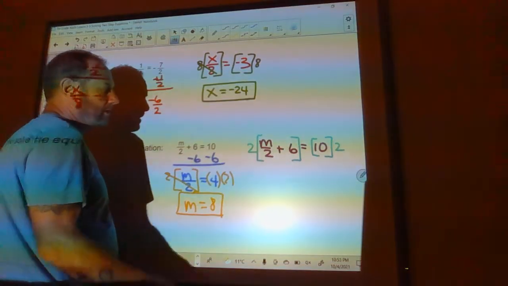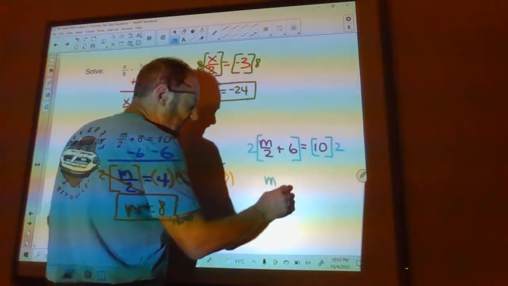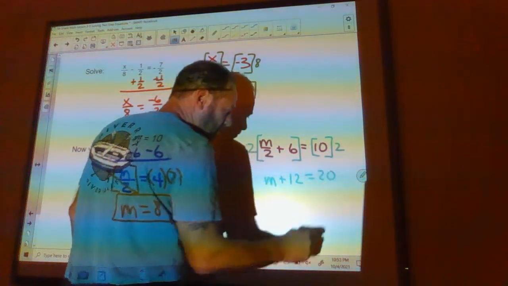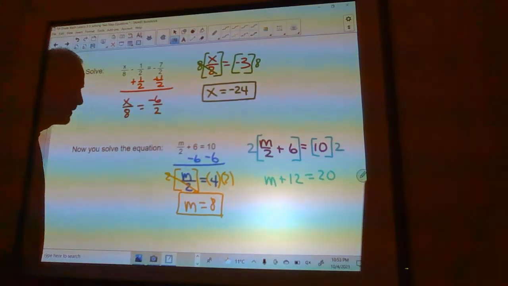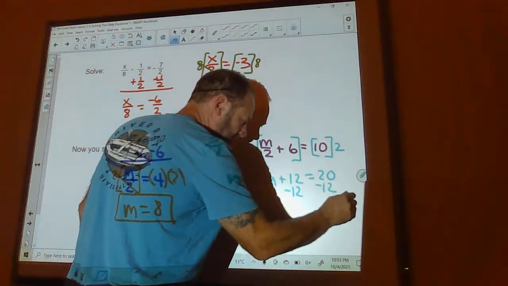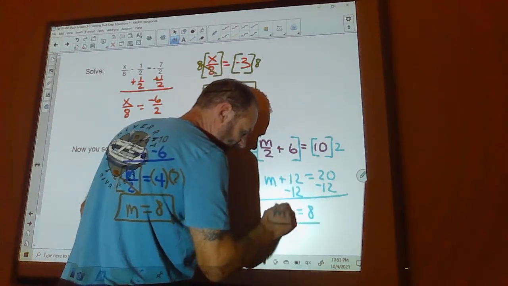Otherwise, this doesn't work. So 2 cancels that, 2 leaves you with m. 2 times 6 is 12, and that equals 20. Okay, and then I go ahead and I can subtract 12 in my second step, and m is 8.